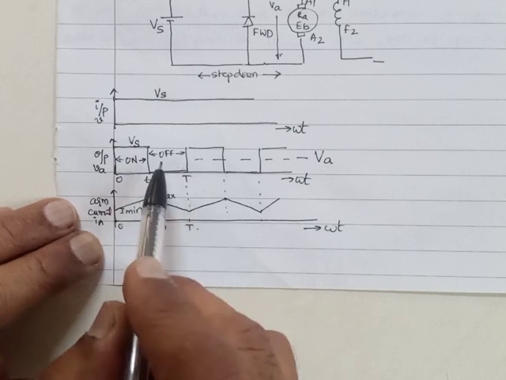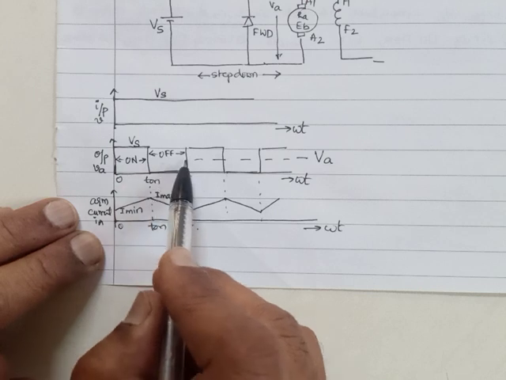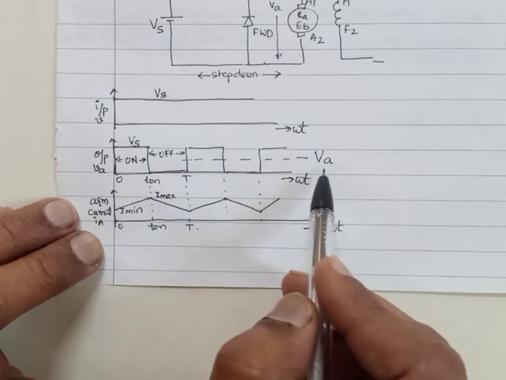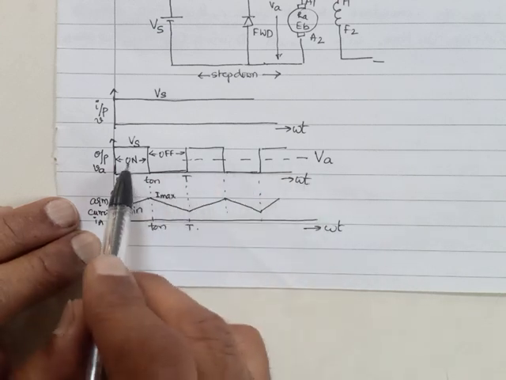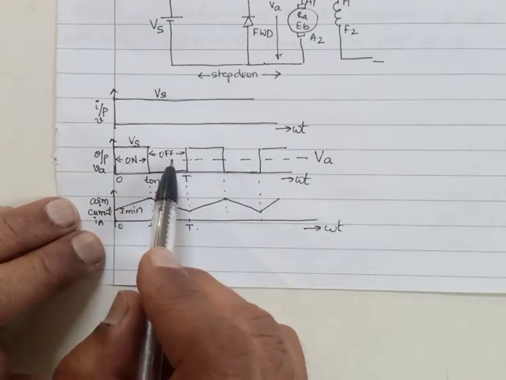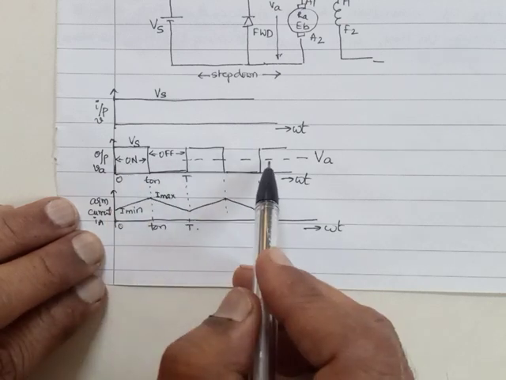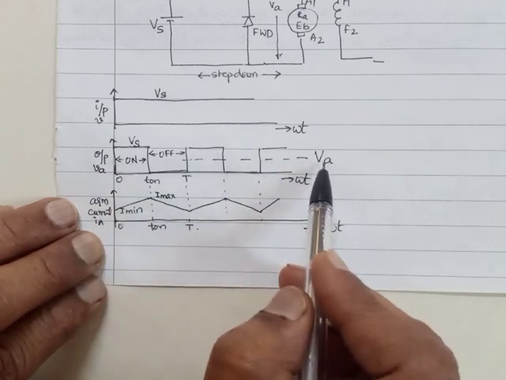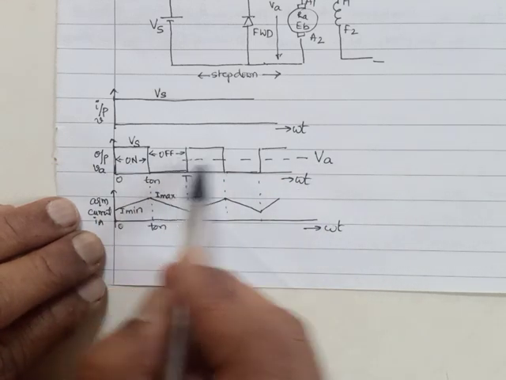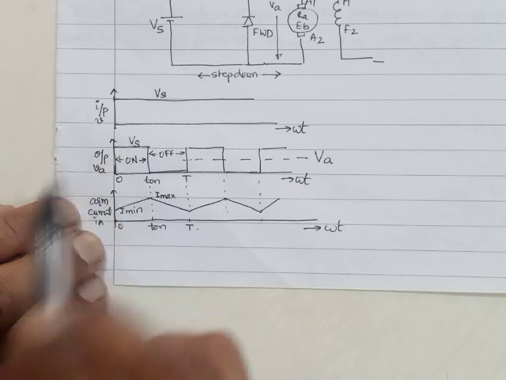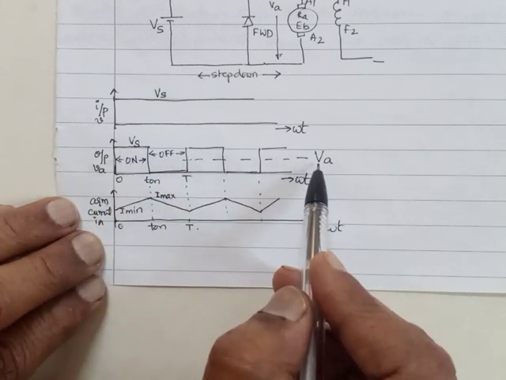If I change the on time and the off time, obviously the average value of VA will change. Easy to appreciate, na? If I change the on duration and off duration, obviously the average value of VA will change. For example, if I make it continuously on, average voltage will be equal to Vs.